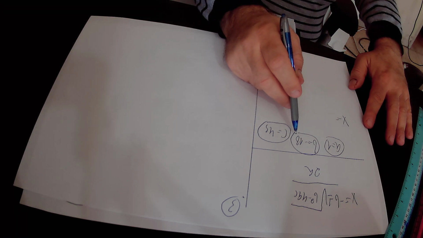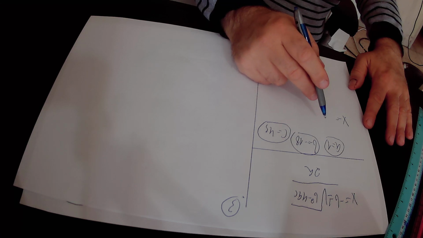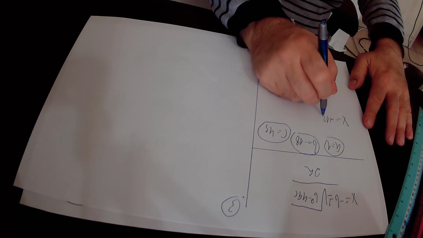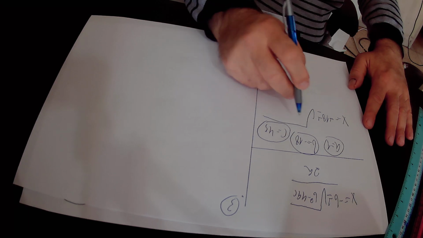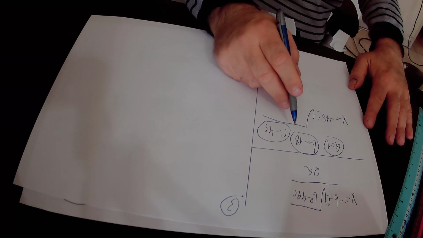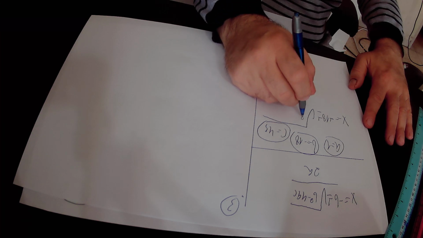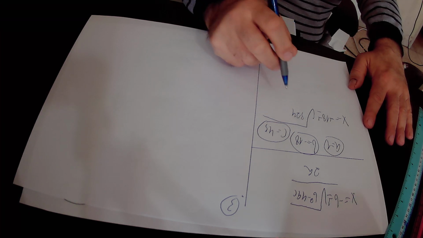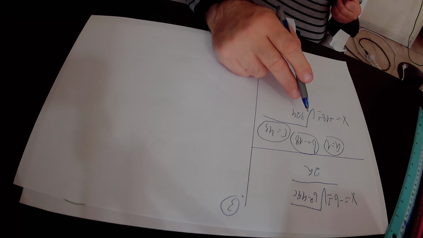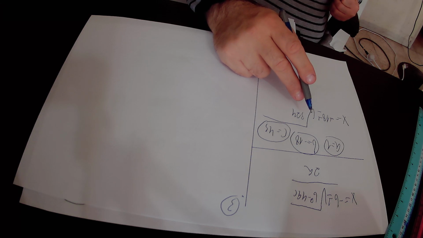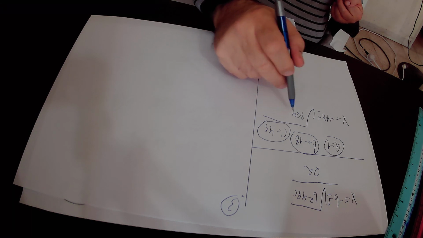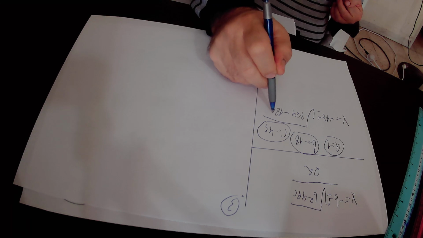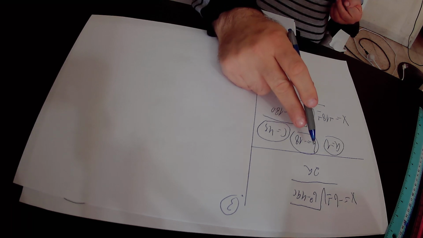B is minus 18, therefore minus b is minus 18, that is plus 18, plus minus the square root of b squared. B is minus 18, therefore b squared is minus 18 squared, that is 324. Minus 4 times a is 1, so minus 4 times 1 is minus 4, times c, that is 45. So minus 4 times 45 is minus 180, divided by 2a.